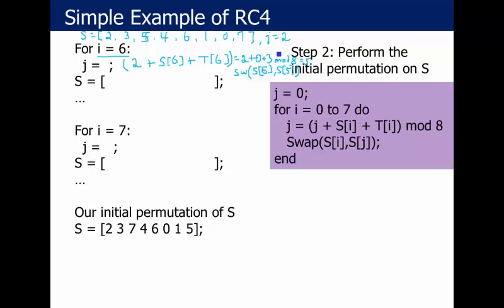So 6 and 5 will be swapped. Index 5 is 0, 1, 2, 3, 4, 5. This is index 5, right? Index 6 is 0, 1, 2, 3, 4, 5, 6. This is index 6. So we swapped these two. All others remain the same.